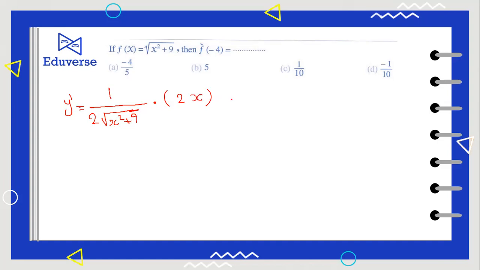That's the derivative. I can simplify it. 2 cancels with 2. It will be x over root x squared plus 9.